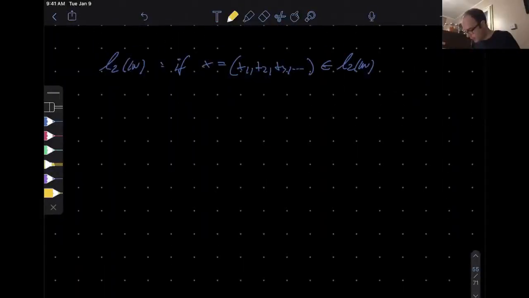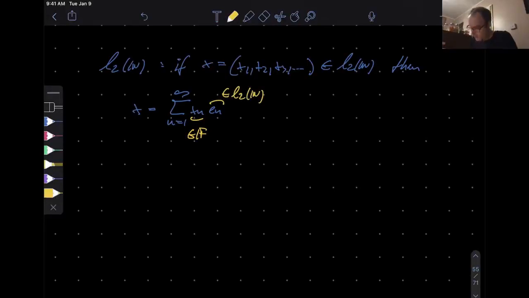And now how do I represent each x of this type? Well, that's easy. Then x is equal to the sum from n equals 1 to infinity of x_n e_n, right? That is the linear combination expression for x, because these guys are your scalar coefficients, and these guys are your vectors that form the linearly independent spanning set.